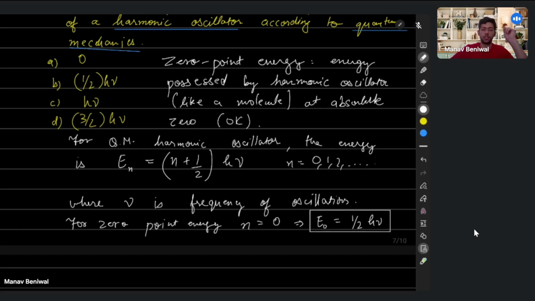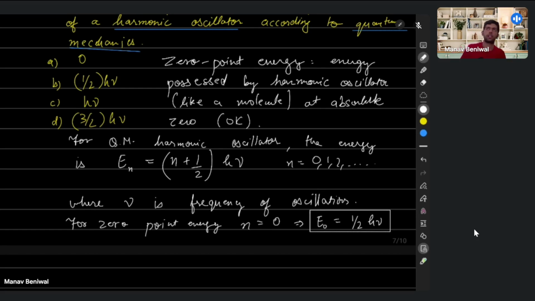This is the zero point energy when we put n equals 0. So you can see that even at absolute zero of temperature, our oscillator or molecules still possess some energy. So they will have some vibrations because of quantum mechanics, not because of temperature.